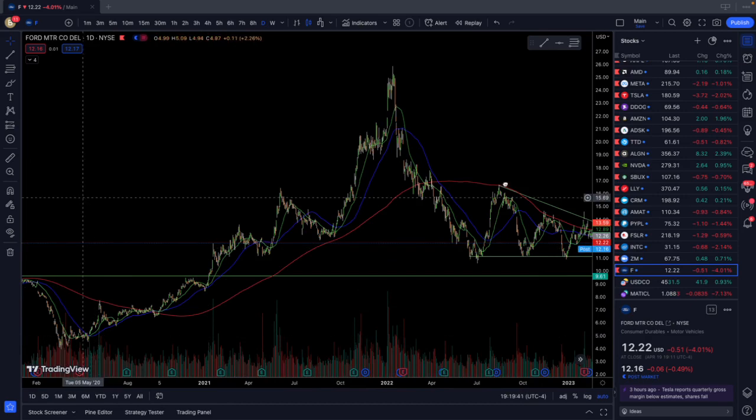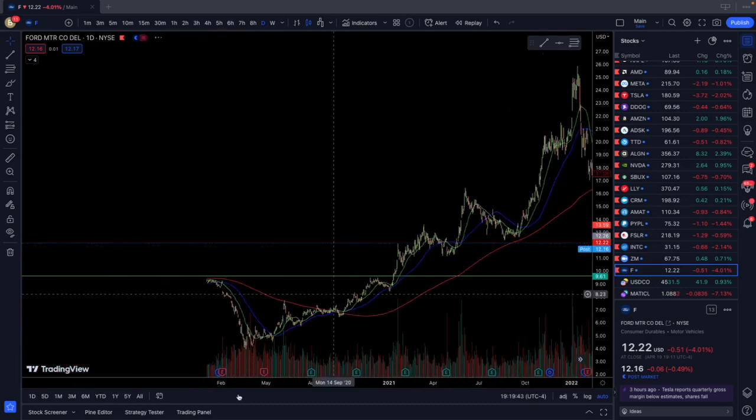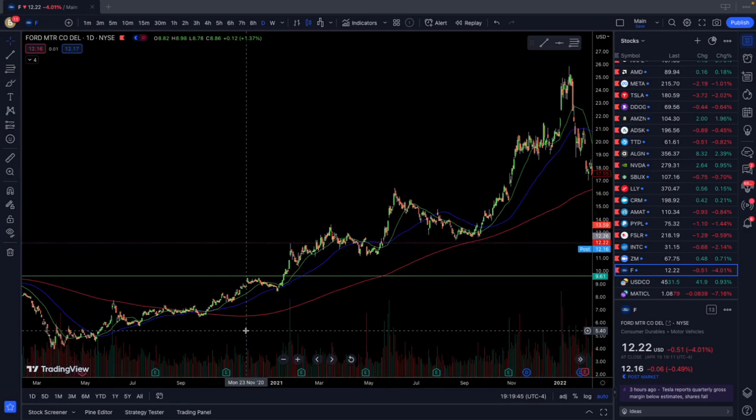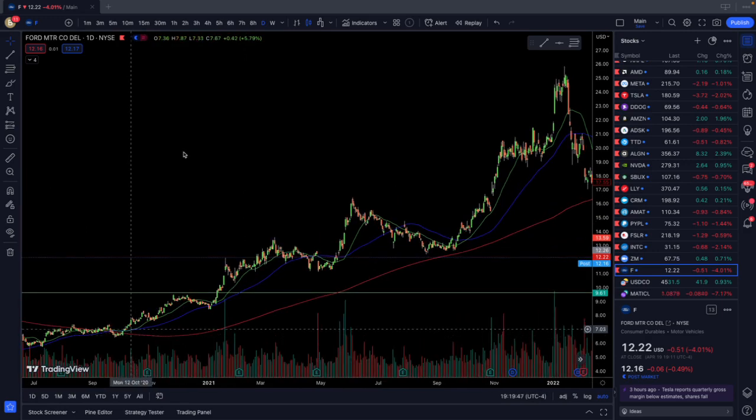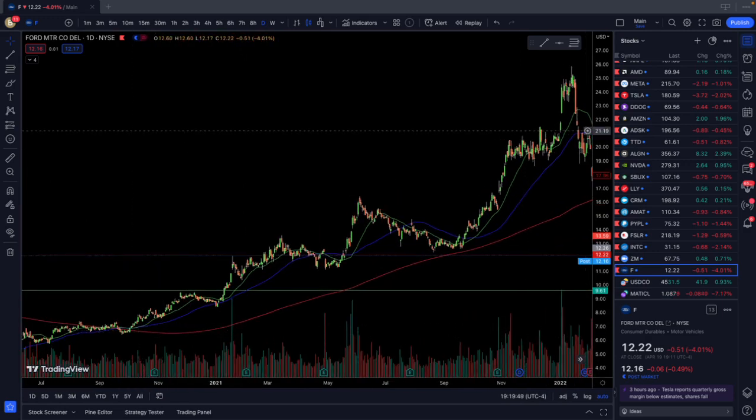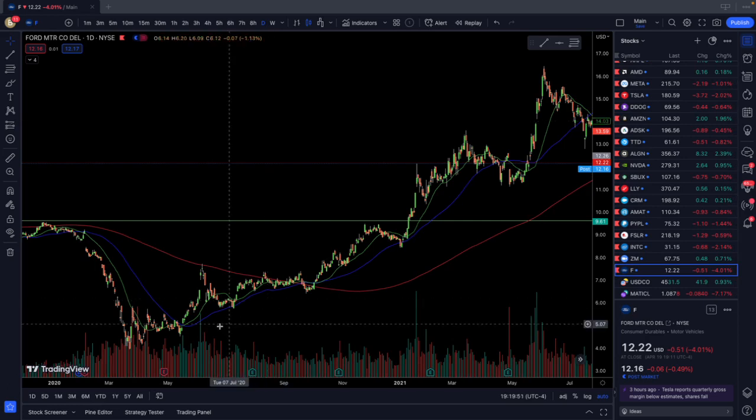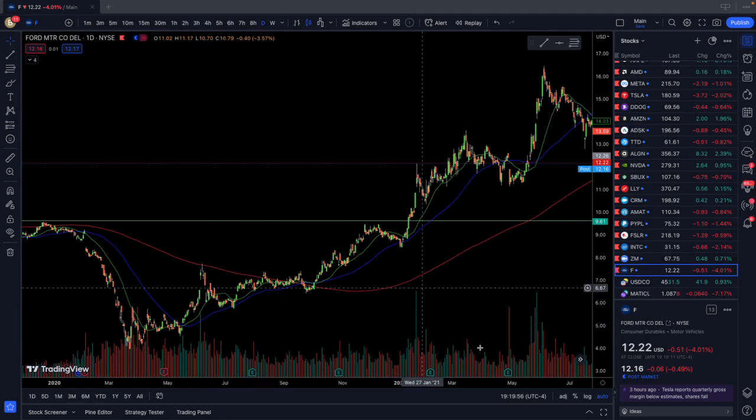Let me zoom in there for you guys to see, and then we'll conclude. So here there's a price gap that has not gotten filled at $5 per share, and I wouldn't be surprised if this stock goes to $5 per share.